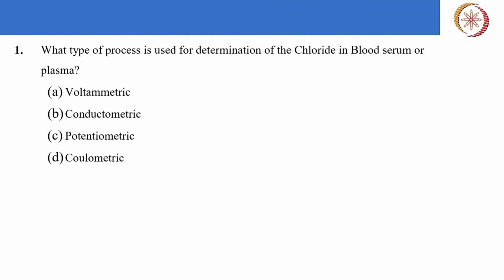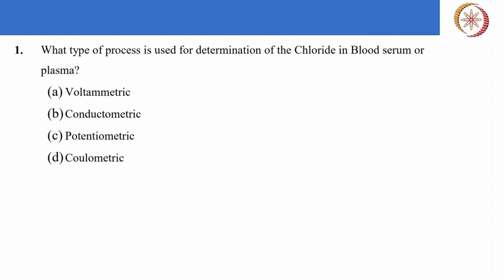Okay, so now we can discuss some assignment questions from the previous year. I will wait for 30 seconds, and these are all very easy questions, so we can discuss all of them. The first question is: what type of process is used for determination of chloride in blood serum or plasma?